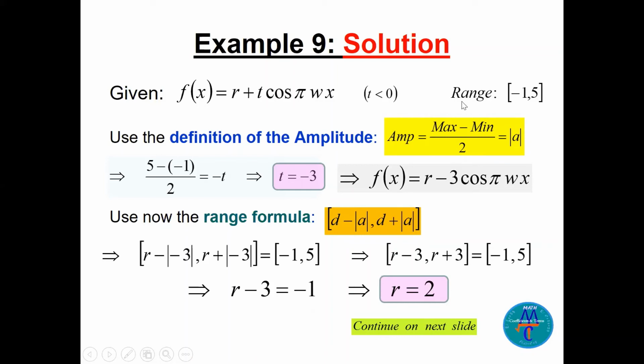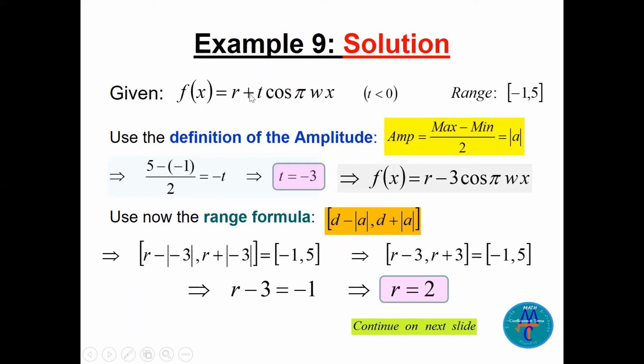So the maximum here in the range, always when you say maximum, the maximum value in the range. So 5 minus 1, the minimum, divided by 2 is equal to the absolute value of the t here, you see? But I said t negative, so the absolute value of the t will be minus t there. So when you simplify this, you get t is equal to minus 3.